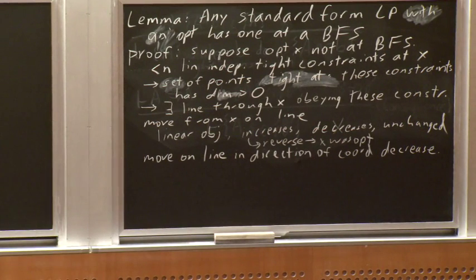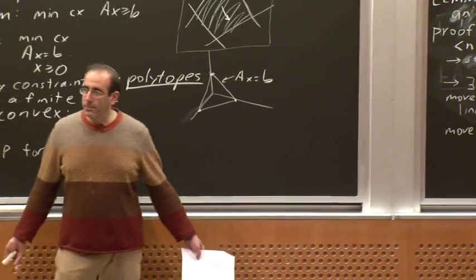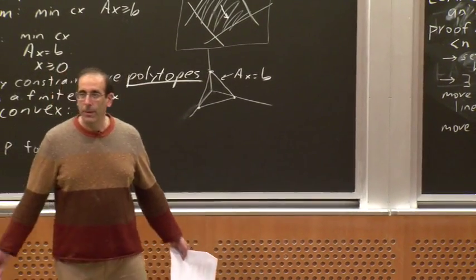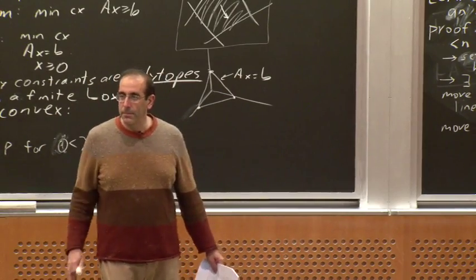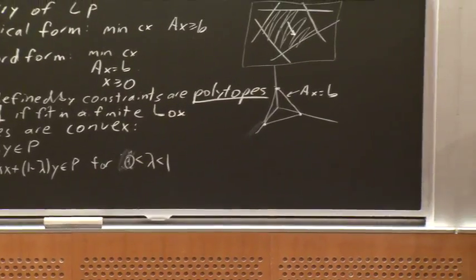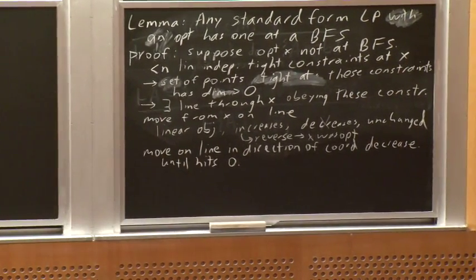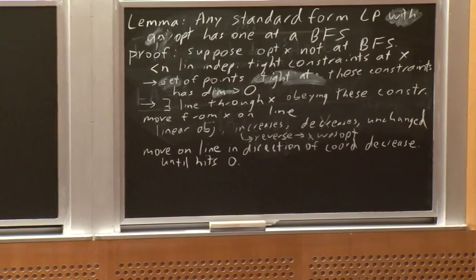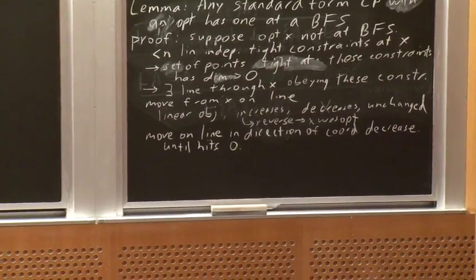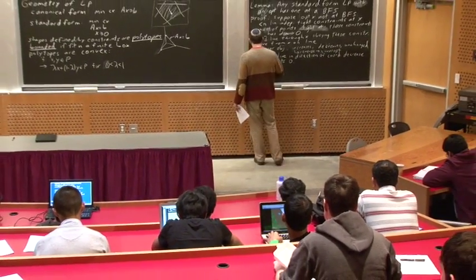Well, as the coordinate decreases, what eventually happens if the coordinate is decreasing? It's 0. Until it hits 0. What happens when it hits 0? You get one more active. Right. So now I have one more tight constraint.